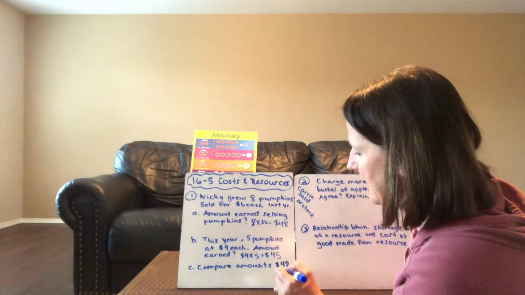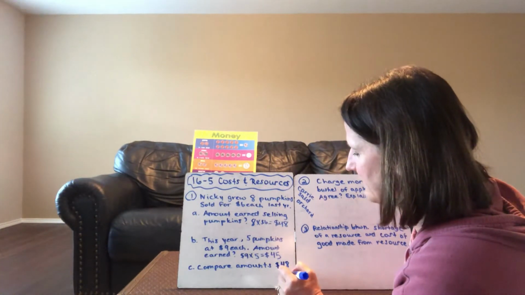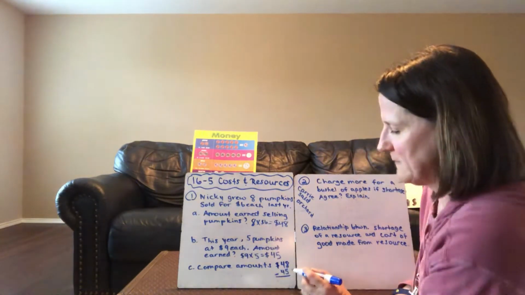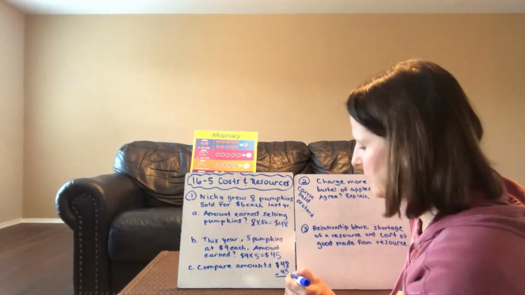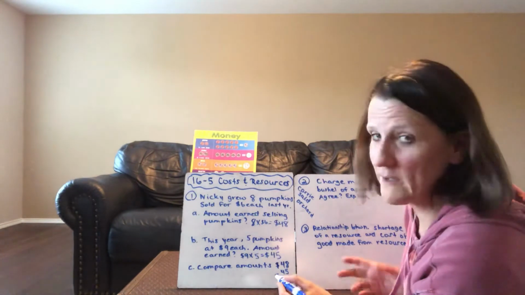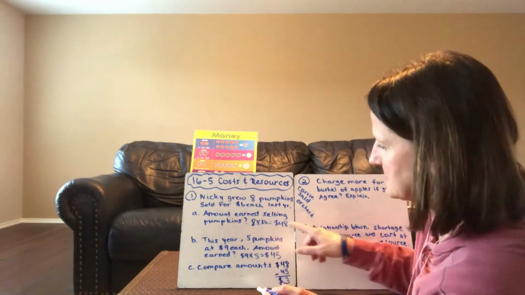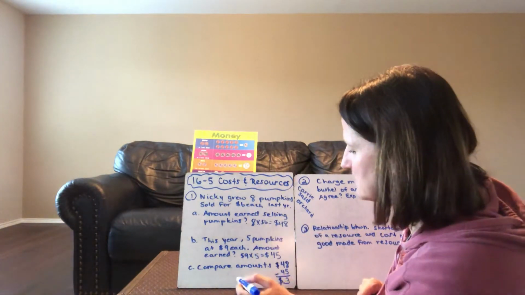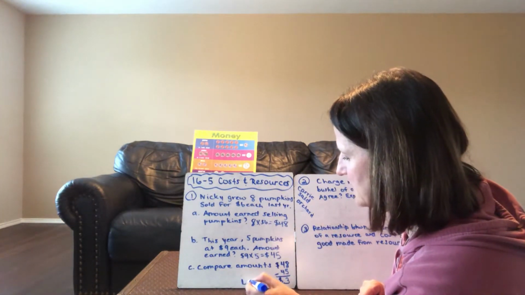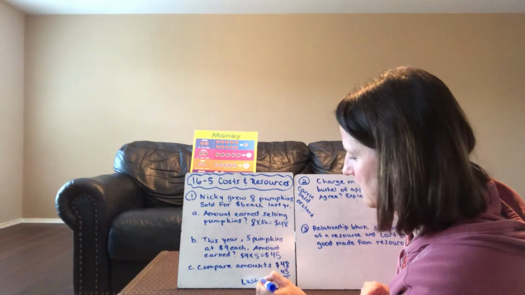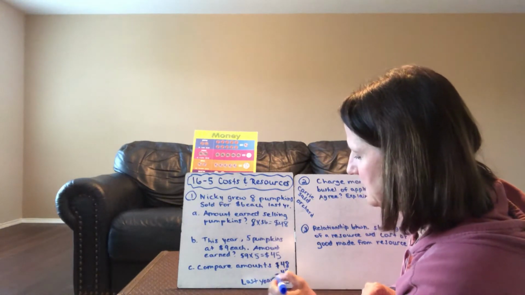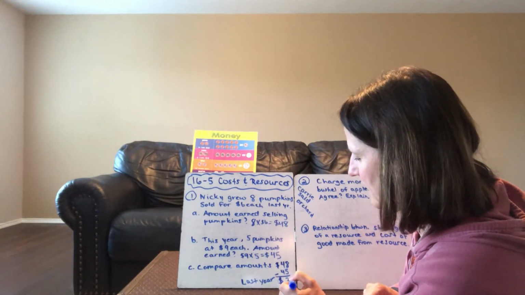So we've got 48 minus 45. 8 minus 5 is 3. And 4 minus 4 is 0. We put our dollar sign, and notice it was $3 more last year. So last year was more. Last year, $3 more. Kind of ran out of room.